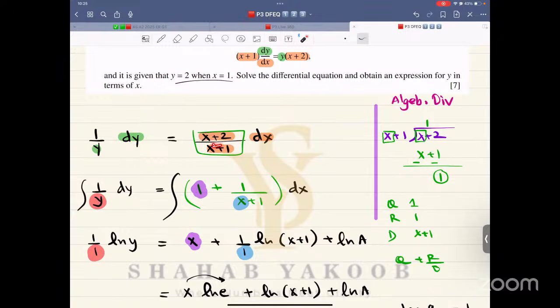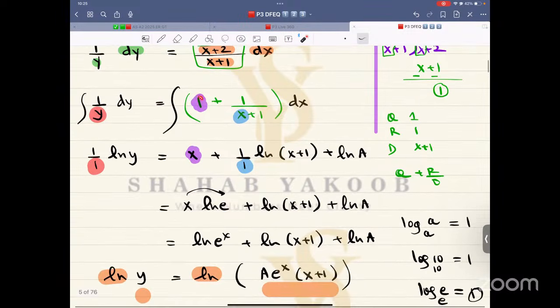If this was x squared and this was 2x or just x without this constant, that could have been done. So first you need to simplify using algebra because the powers are equal. So x plus 2 over x plus 1 is 1. Quotient, remainder is 1. So this is quotient, remainder, divisor.